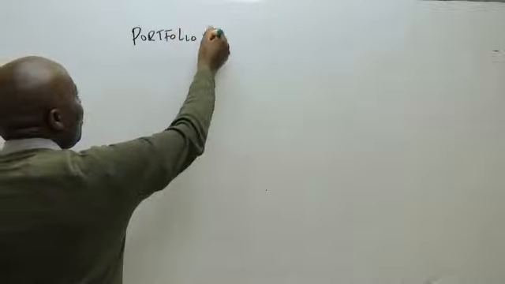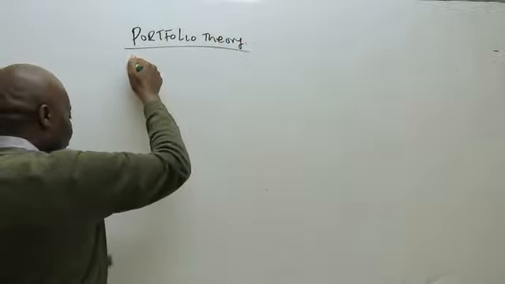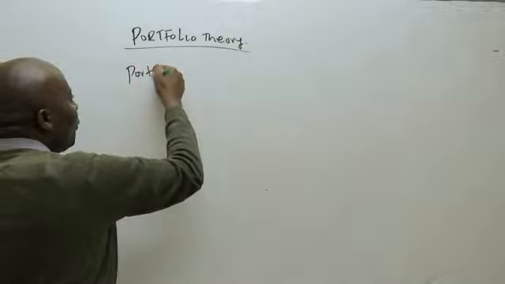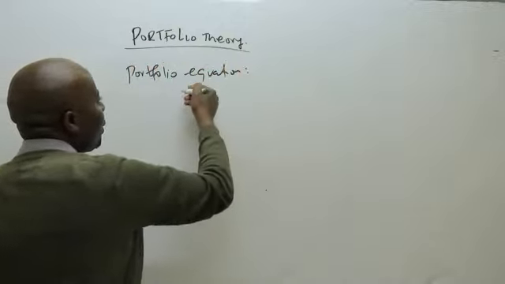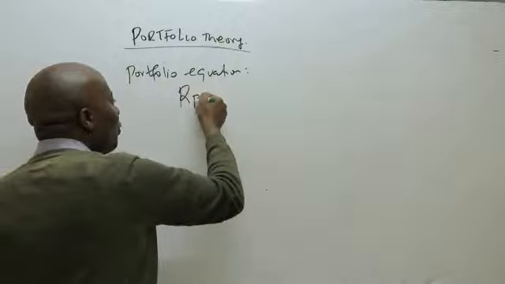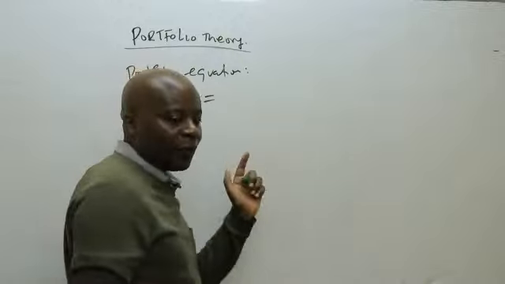Looking at portfolio theory. So far, we've been able to lay down what we call the portfolio equation, which says that returns of a portfolio equals, we have to start with the risk-free rate of return.